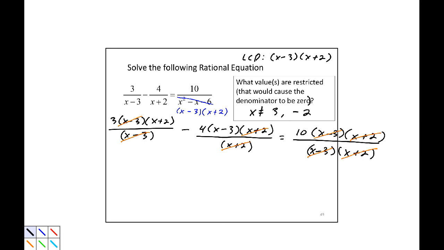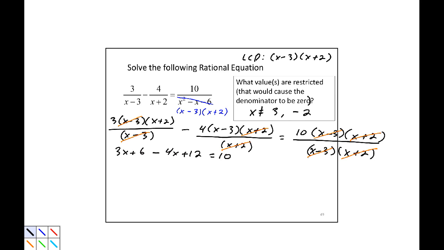Now I'm going to go ahead and distribute, because if I take that out, I'm going to have 3 times x plus 2. That would be 3x plus 6. And this, with the x plus 2's out, I'll distribute the negative 4 to be negative 4x plus 12 equals 10.